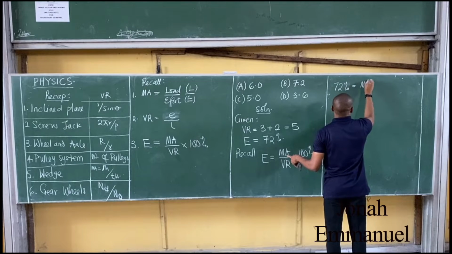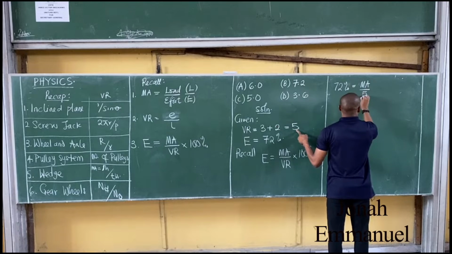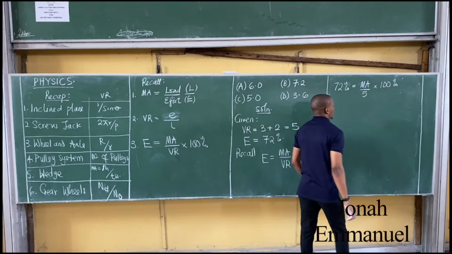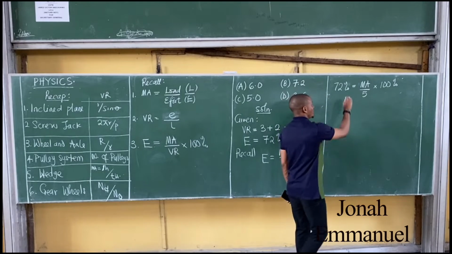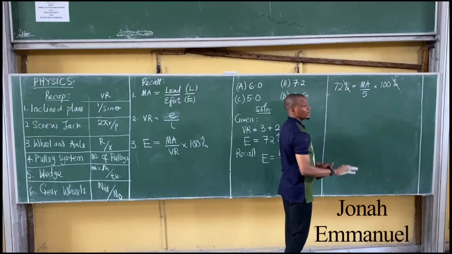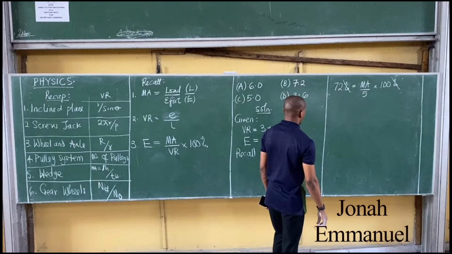So I'll call it MA, all over velocity ratio, which is 5, times 100%. In the last class I said, when you have percent, this can cancel this. It is mathematically correct.